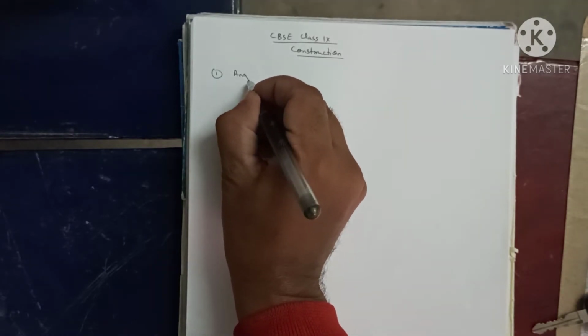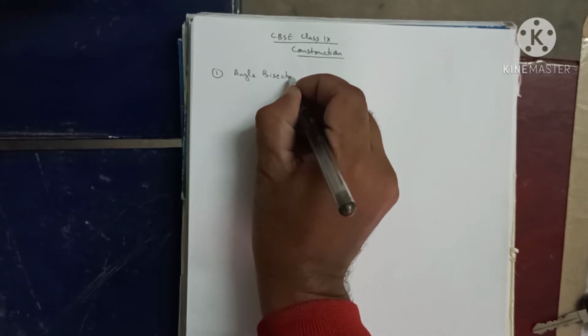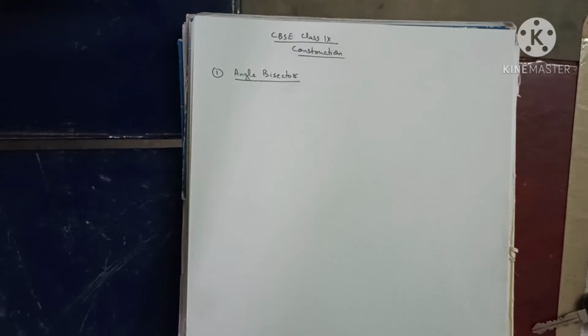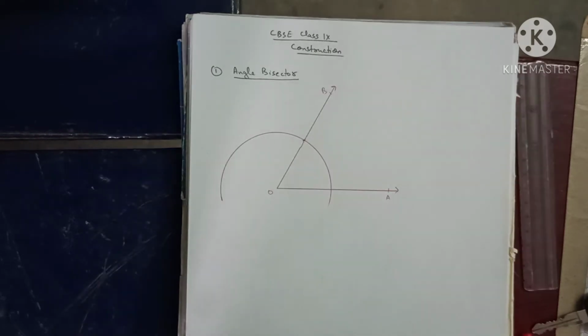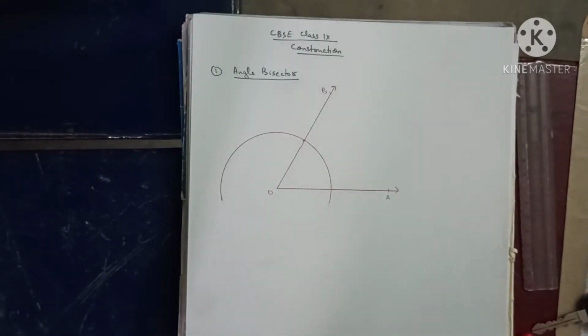What if you are given an angle and you have to draw the bisector of that angle? How are you going to draw the bisector of a given angle? Here we are given an angle AOB.